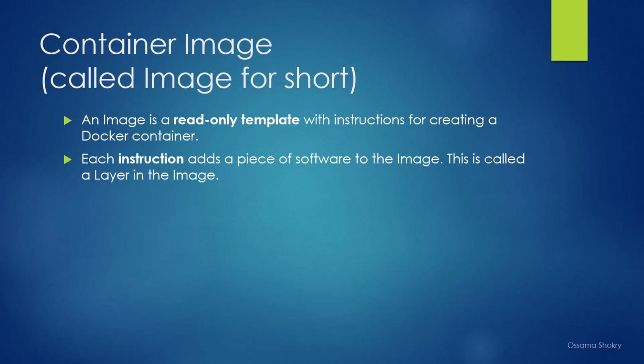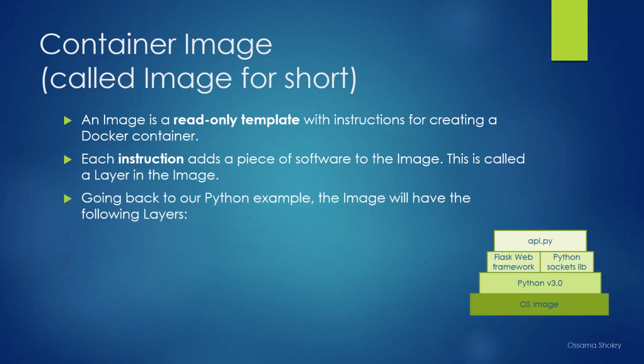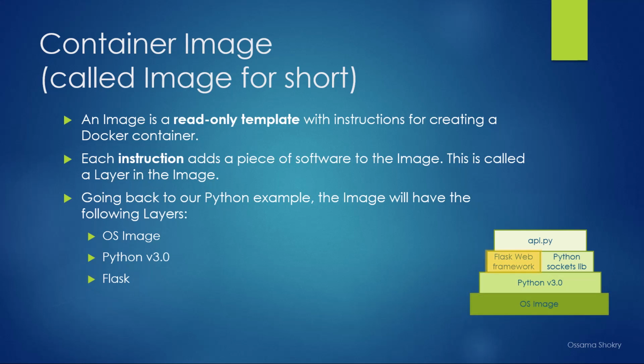This is called a layer in the image. Going back to our Python example, the image will have the following layers: the operating system image, Python 3.0, Flask, Python socket library, and the application source code in the api.py file.